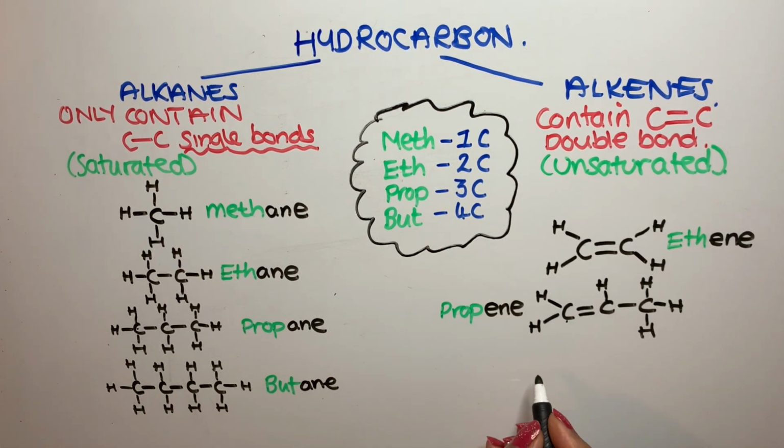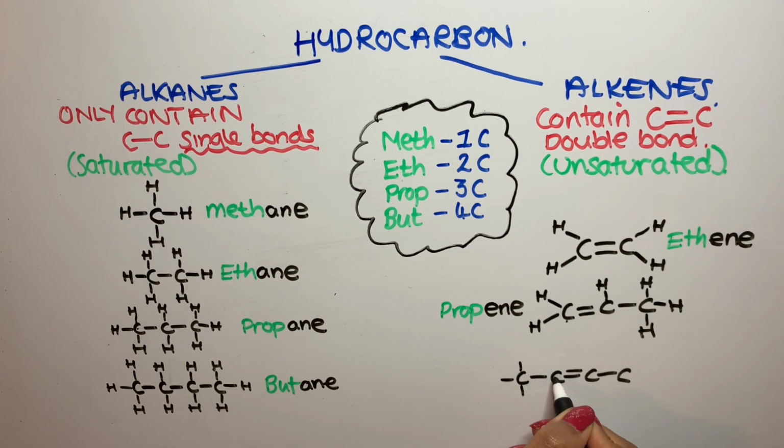And for our last molecule, we have 4 carbon atoms. Again, we know if we're drawing an alkene, there has to be a double bond. Doesn't matter where you put it. So I'm going to put it in the middle, but you could have put it here or you could have put it here. So each carbon atom has 4 bonds. So we have 1, 2, 3, 4. So that's my first carbon atom done.